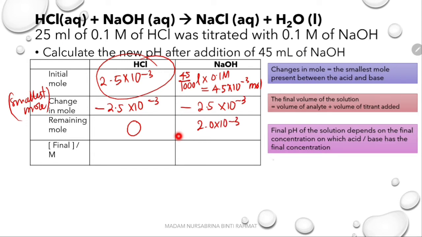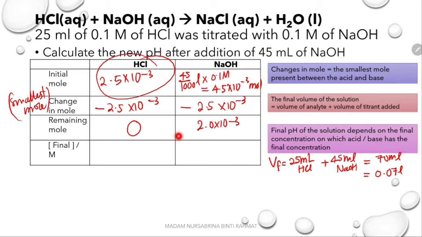For the final volume of the solution, I initially have 25 milliliters of HCl and then I add 45 milliliters of my NaOH. So in total I now have 70 milliliters of solution, which is 0.07 liter.